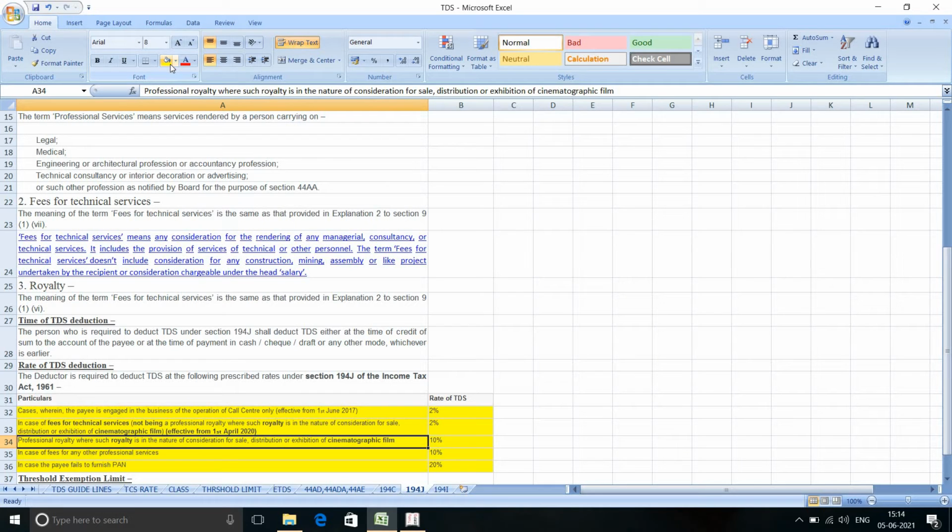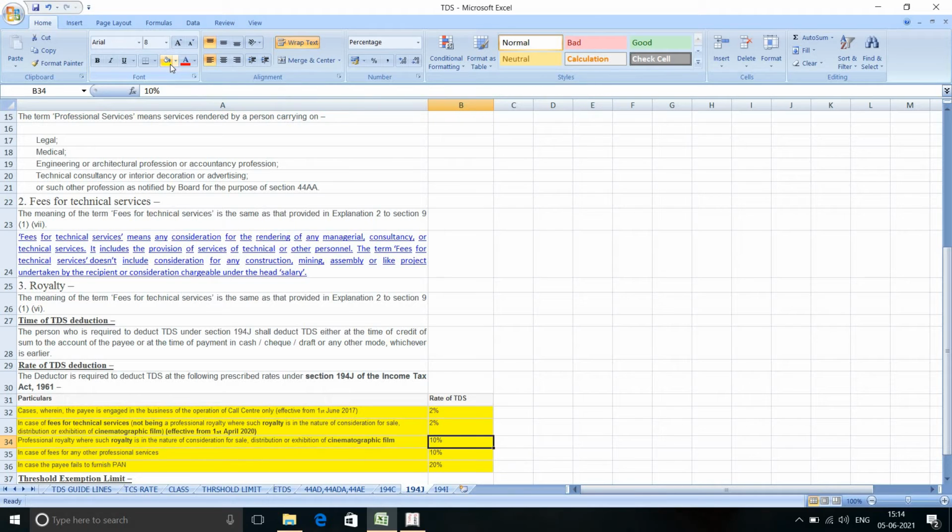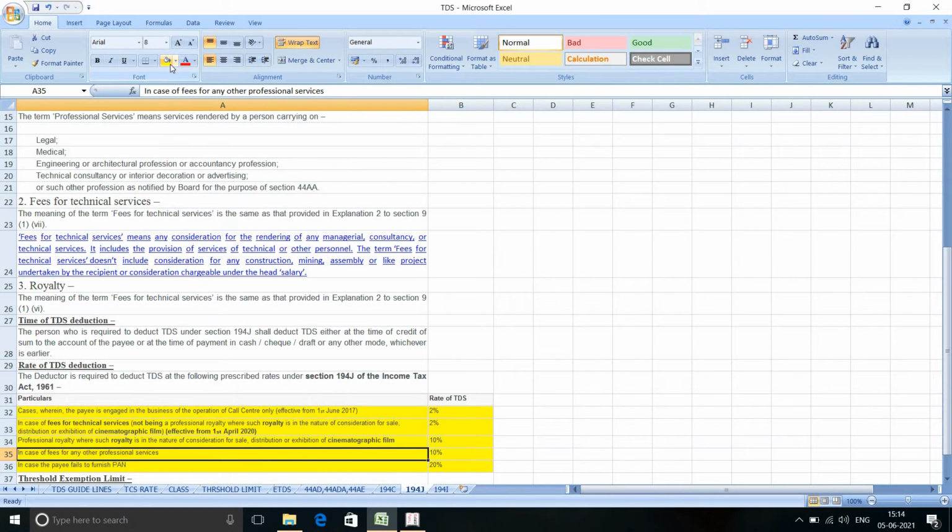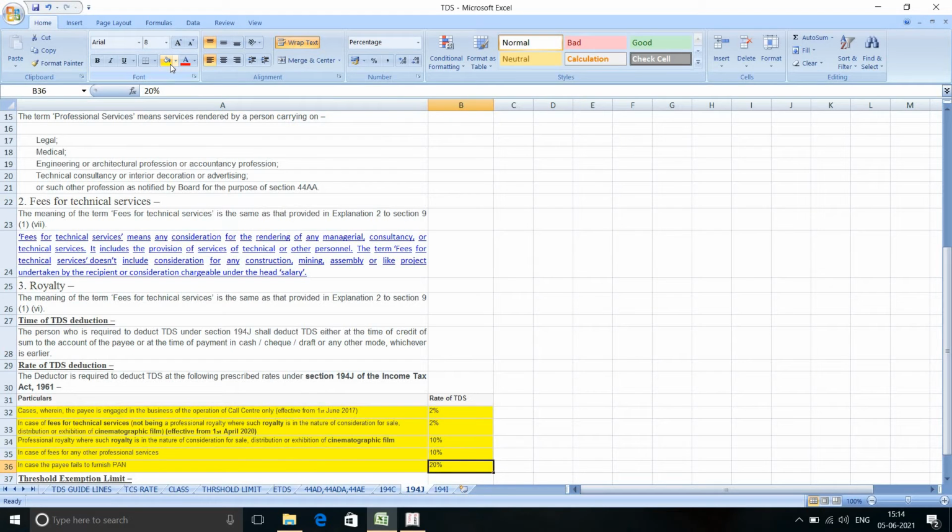Royalty, where such royalty is in the nature of consideration for sale, distribution or exhibition of cinematography film, is 10%. In case of fees for any professional services, 10%. In case the payee fails to furnish PAN it is 20%.